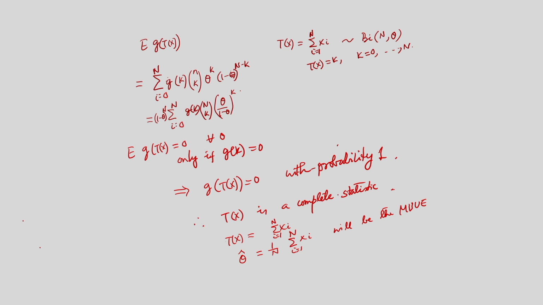So, according to the Lehmann-Scheffé theorem, we can have a unique unbiased estimator with the minimum variance property, and there is only one unbiased estimator here, that is summation xi, i going from 1 to n, divided by n. Therefore, this is the MVUE.